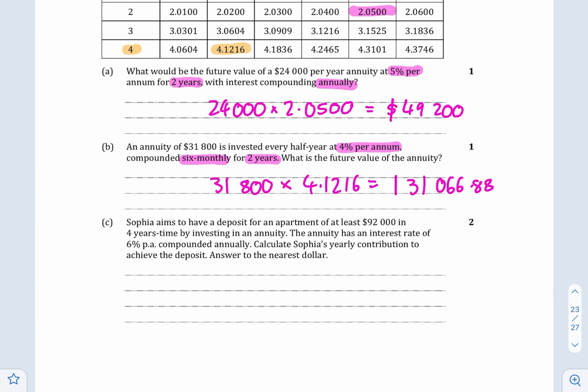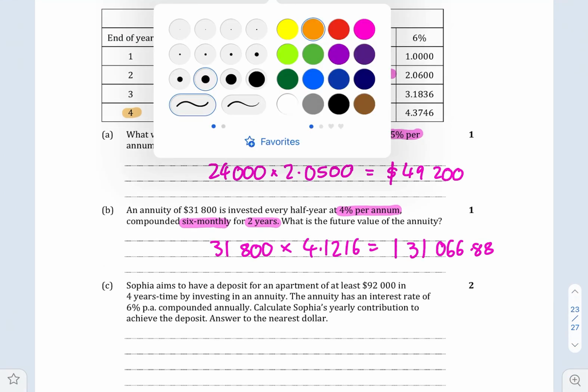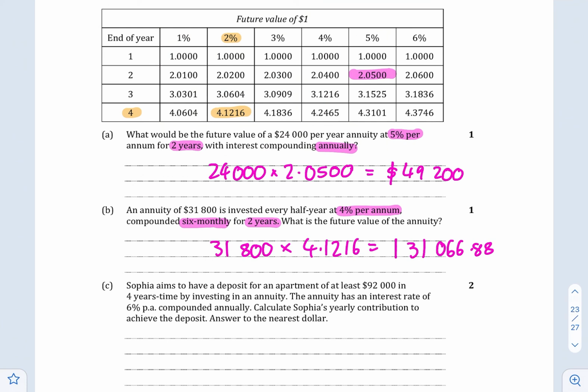Finally, we have C. Obviously, it's going to be a bit hard, it's worth 2, but Sophia aims to have a deposit for an apartment of at least $92,000 in 4 years' time in an annuity with an interest rate of 6% per annum compounded annually. So what we're going to do, once again, I'll pick a different highlighting colour. We want 4 years, 6% per annum, so we're looking here.